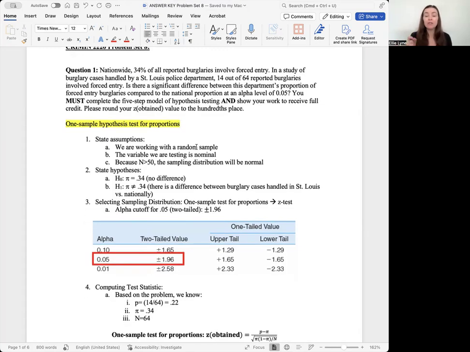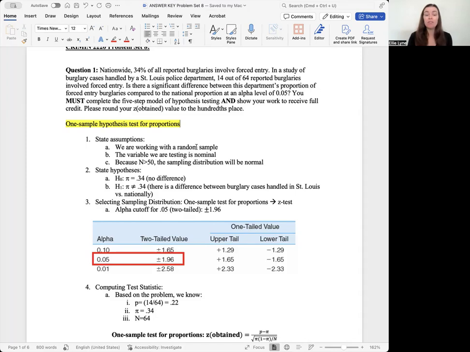The very first step to any of our hypothesis testing is to state our assumptions. And when we state our assumptions, it is going to depend on whether you are conducting a one sample or a two sample test, and whether that is for means or for proportions.